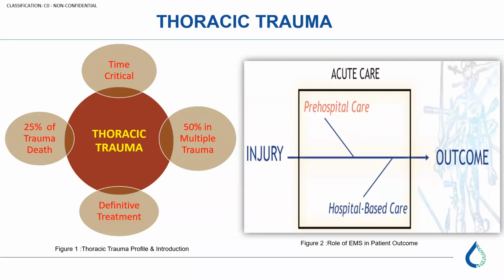It is also expected that we have the knowledge and skills to properly assess and recognize those life-threatening injuries, and at the same time, we need to know how to treat them. Also, we need to know the right time whether this patient is a load and go or a scoop and run patient, or a critical patient, because there are some elements that affect the outcome of the patient, especially in the pre-hospital setting.